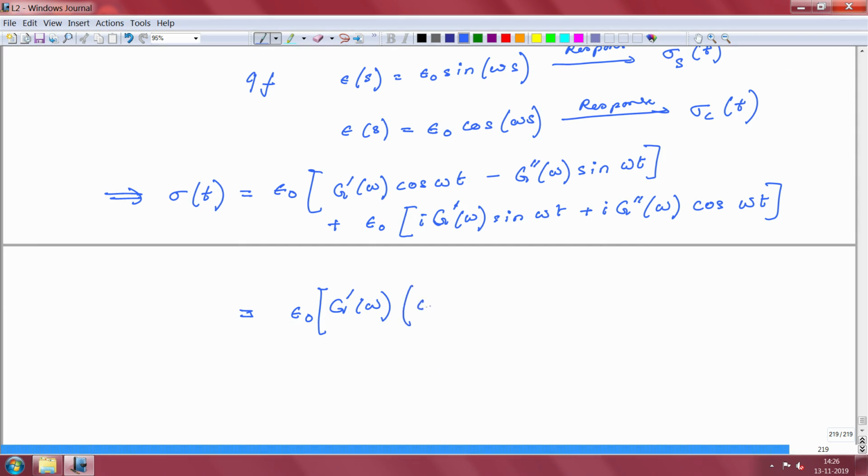So, if we combine the terms here, then we have cosine omega t plus i times sine of omega t. Right. Similarly, you have the G double dash term, which is now going to give me i times cosine omega t minus sine of omega t.